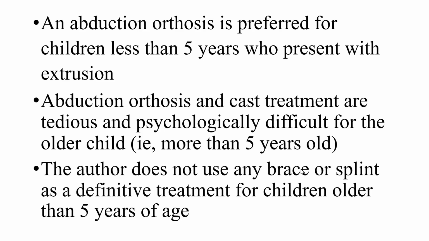This is something you have to realize, that these children after the age of 5 are not cooperative. They can remove the brace and you not know about it. As a result, they will have more and more impingement, and more and more destruction or deformity of the head.